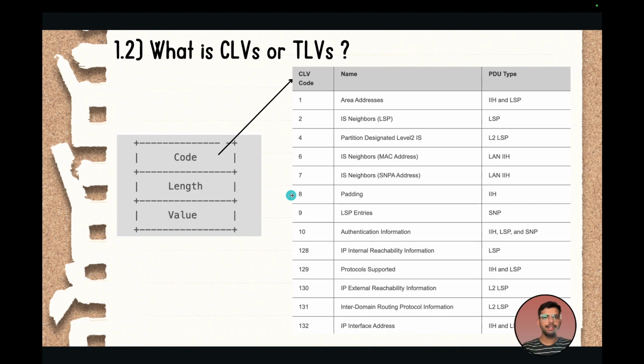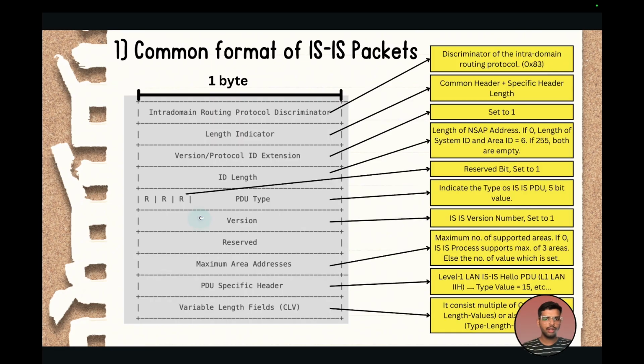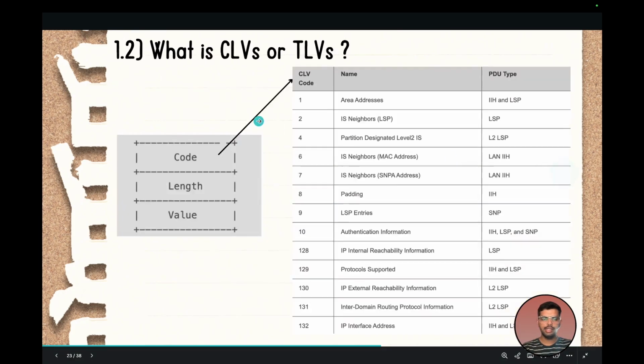Now what is CLV or TLV? Code Length Value, or Type Length Value. As you can see, this field over here is a variable length field, and it is nothing but what is called code length values. There are several values that can be put over here. These are the CLV codes that you can see over here, right?